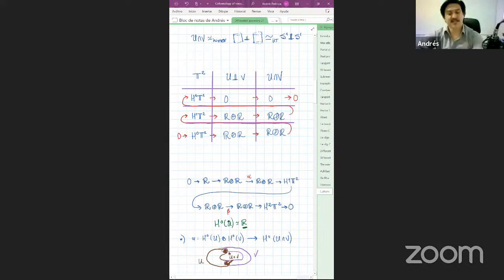So in general, right. So H0 consists of locally constant functions because U and V are connected. So any real number there stands for a constant function. Okay, that's good.